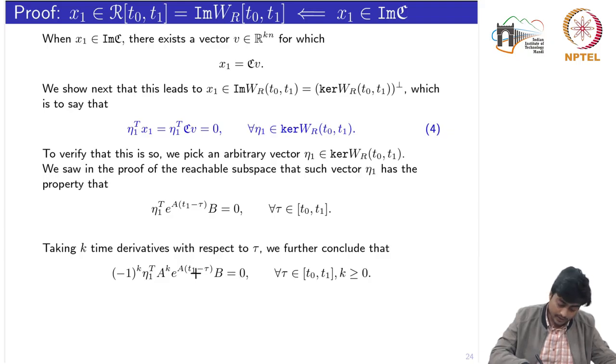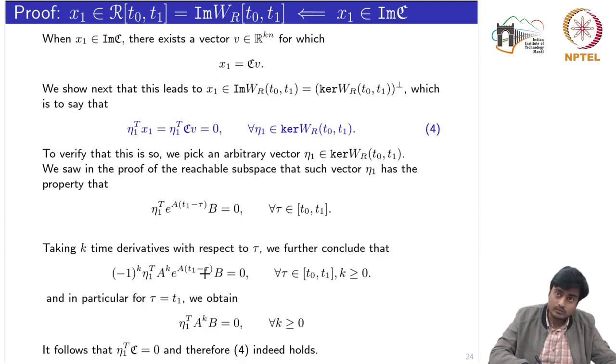Now, if I put T1 equal to tau, at tau equal to T1, I would have eta 1 transpose A to the power k. This part would be e to the power 0, which is nothing but an identity matrix, into B. Right? So the negative sign does not matter because we have equal to 0.